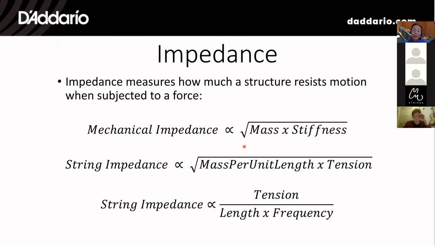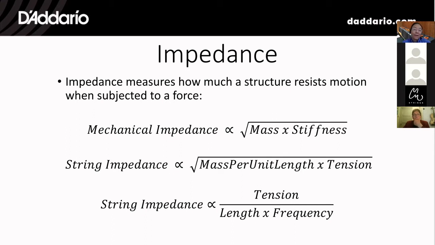For a given string of a given length and frequency, if we know the tension, we know the impedance. Now, if you look at that bottom equation, what about different strings on the same instrument? Well, you see that for the lower frequencies, if you have roughly the same tension, the string impedance goes up. If the tensions are roughly equal.